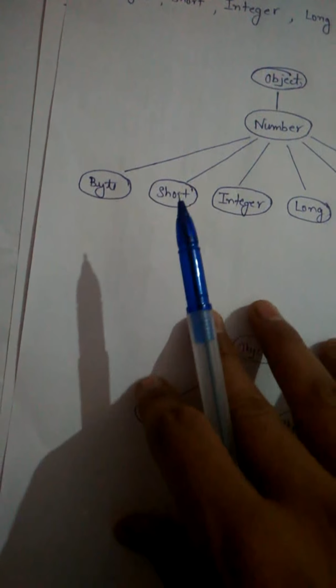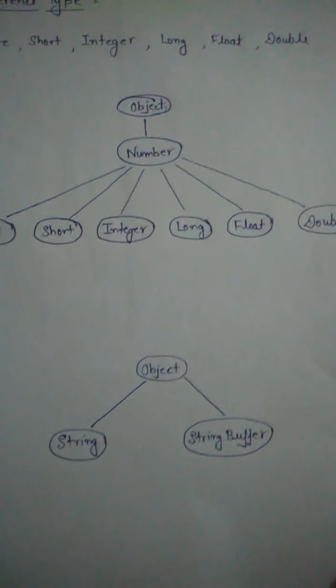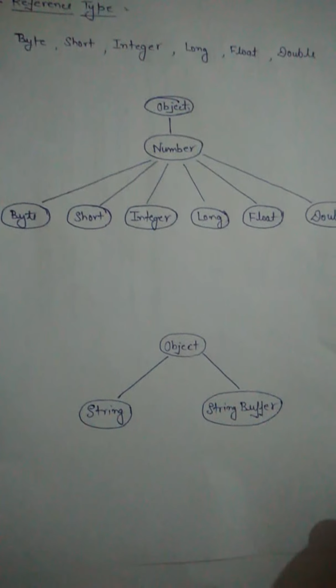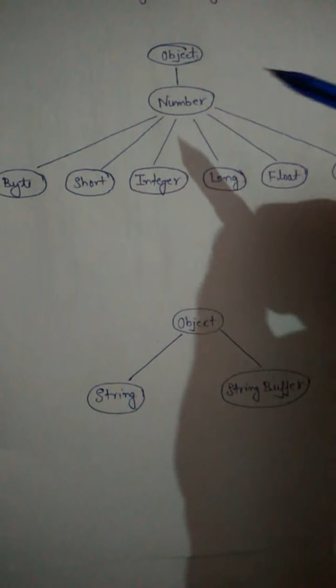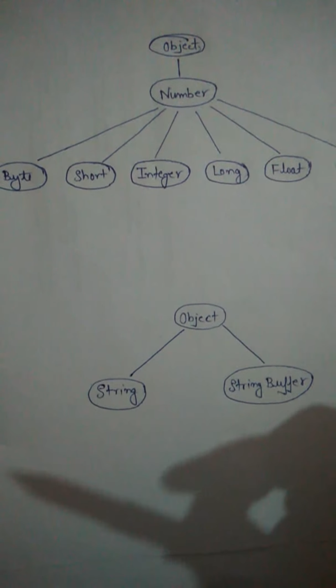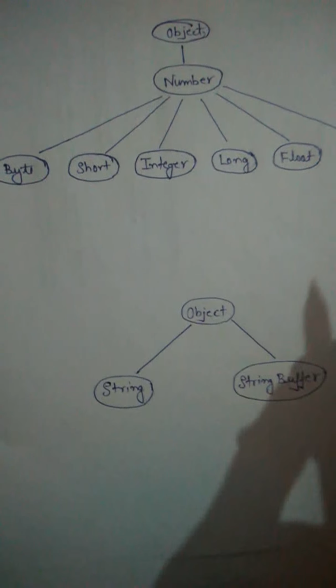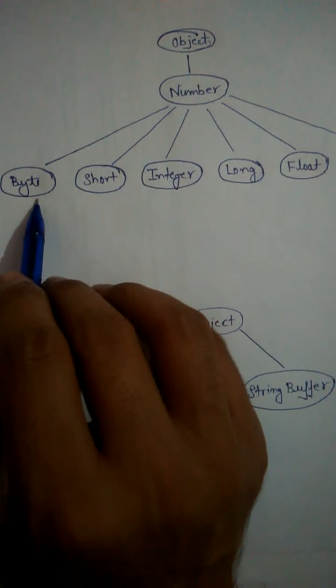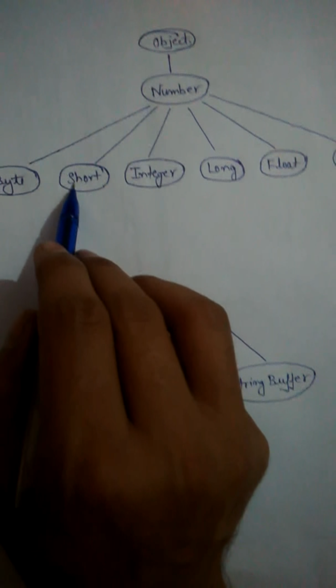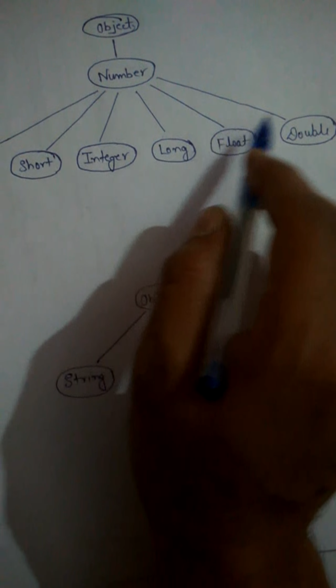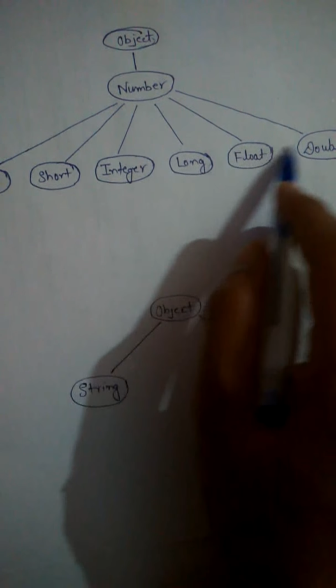The widening of the reference type depends upon inheritance, which means there is a parent-child relationship. In reference types, Byte, Short, Integer, Long, Float, and Double are all in the same hierarchy. This is a tree.